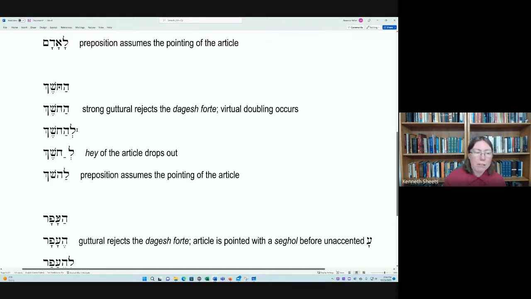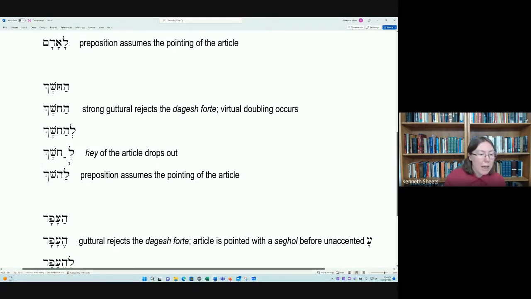But now I'm not wanting to say the darkness, I'm wanting to say to the darkness. So thus I will add the lamith preposition to the front of it. So now I have le hachoshek. Well, again, the sound that the hey of the article makes is still weak, even in this instance. And so thus the hey drops out, leaving us with this form here.